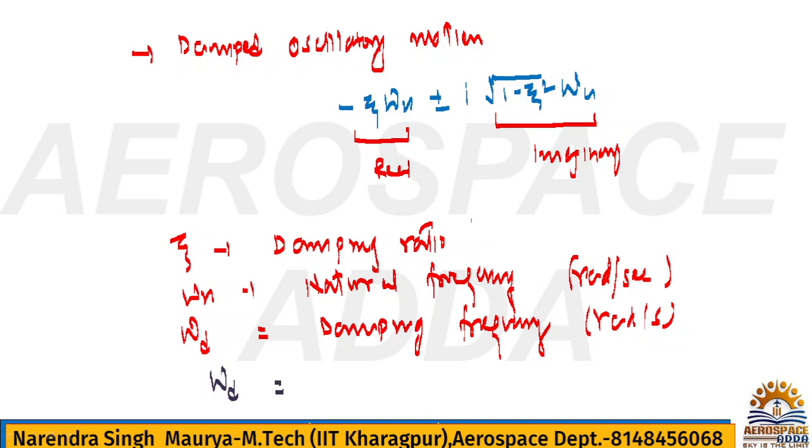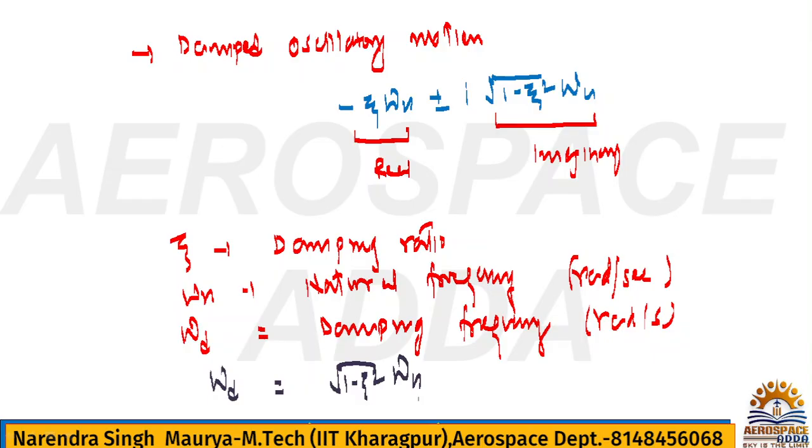Omega d is nothing but the imaginary part, root 1 minus chi square times omega n. This part is called omega d, which is nothing but the damping frequency.